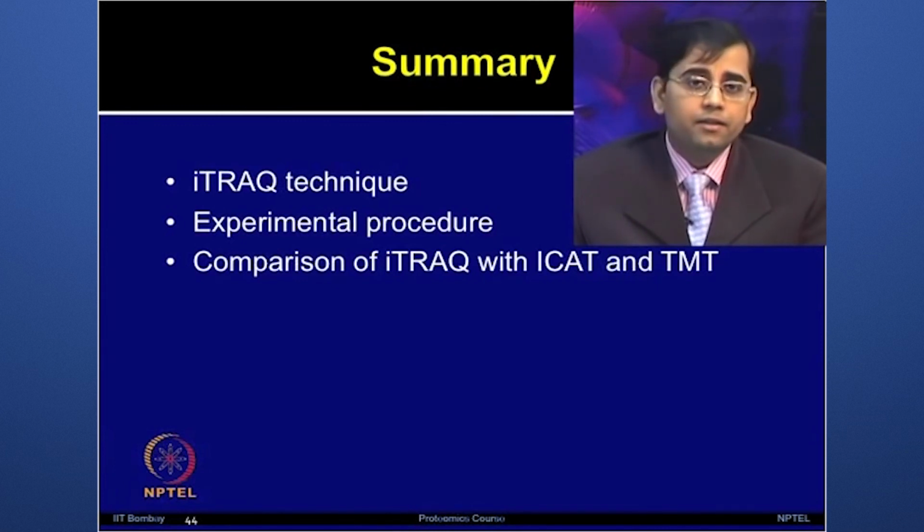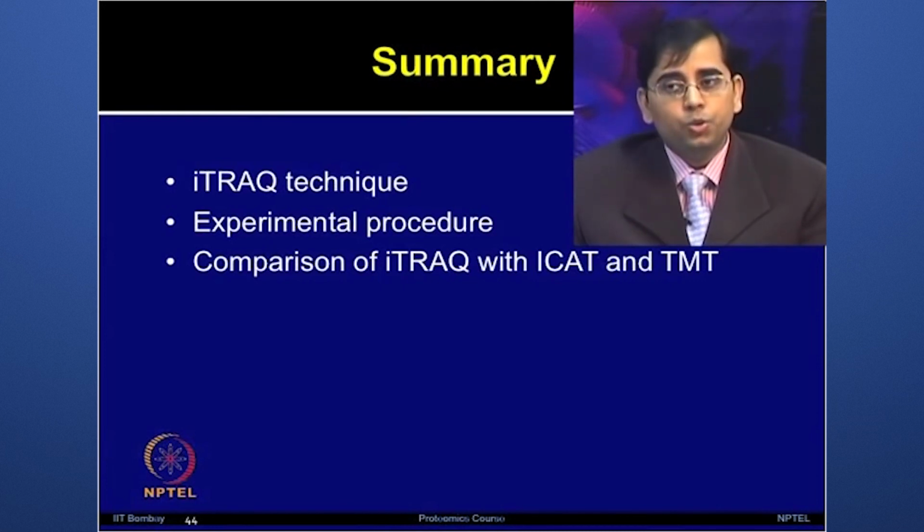Chemical labeling uses isobaric tags for relative and absolute quantification, iTRAQ, or tandem mass tag, TMT, reagents. The quantitation is based on the extraction of reporter ions from tandem mass spectrometry MSMS spectra.